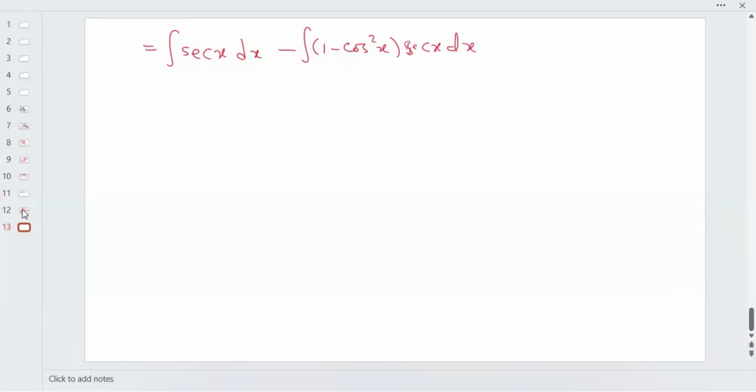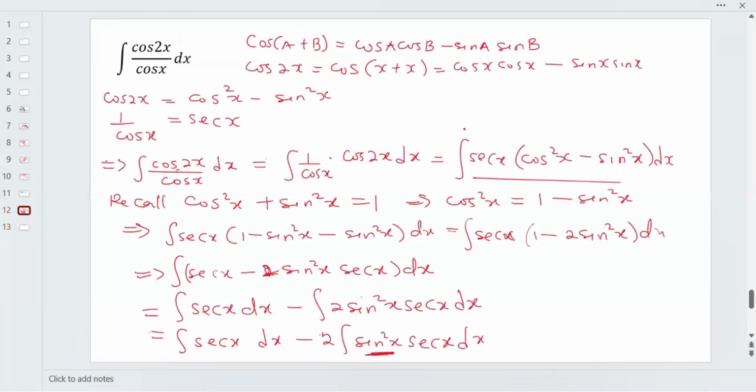We know this from the relationship above: if I make sin squared the subject, sin squared x equals 1 minus cos squared x. That is what I actually did here.